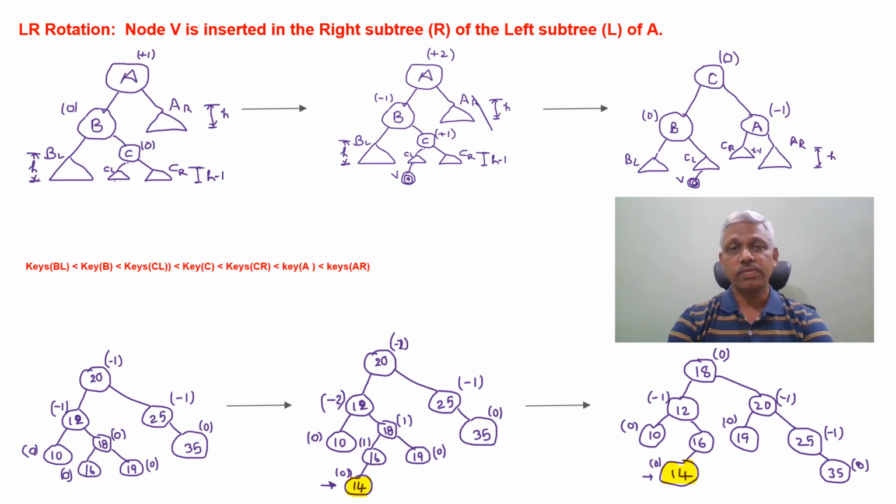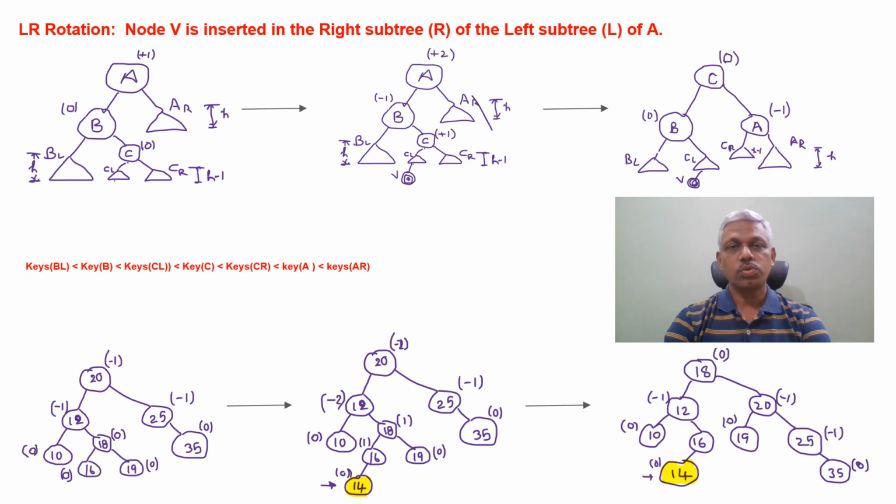So A is a vertex which has lost its balance because of the addition of a vertex V in the right subtree of the left subtree of A. Now how do we achieve this balance? We push C upwards and we push A downwards.